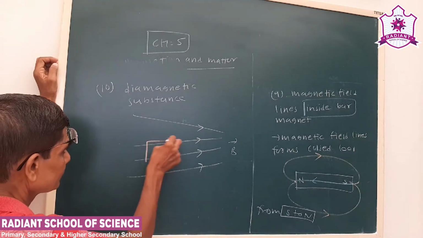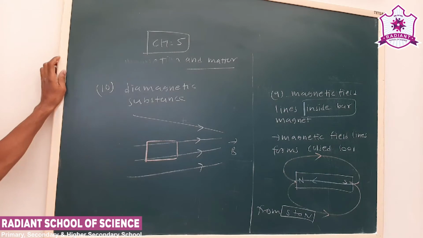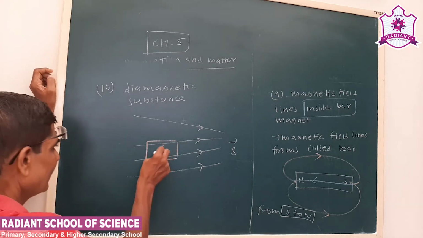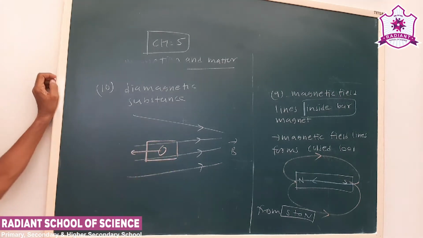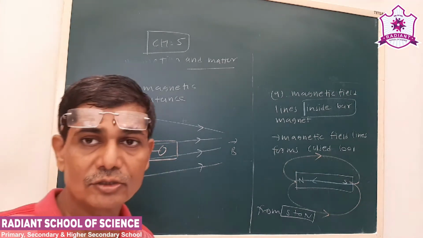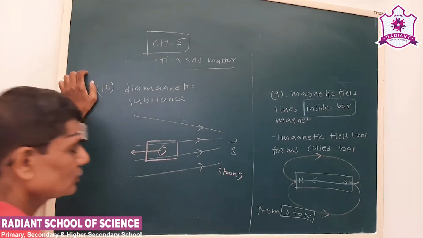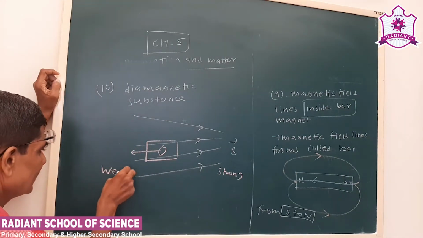So when a diamagnetic substance is placed in a non-uniform magnetic field, we have discussed in the theory part that the dipole moment will be induced in such a way that it will be in the opposite direction of the field. Here the field lines are strong, here it is weak.